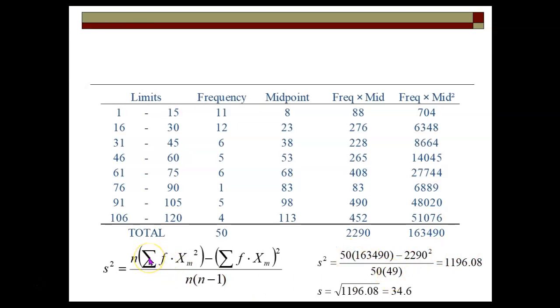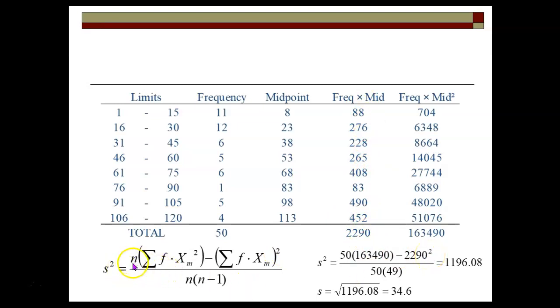The sum of frequency times midpoint squared, that's the sum total of this column here, that's the 163,490. And then this part of the formula tells us to take the sum of frequency times midpoint and then square that number. So we're taking the 2,290 and squaring that.